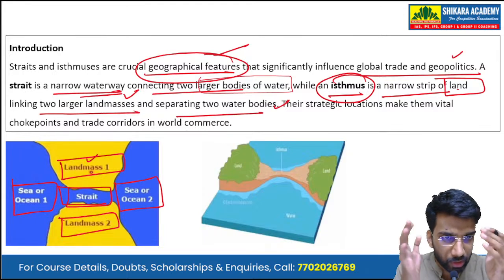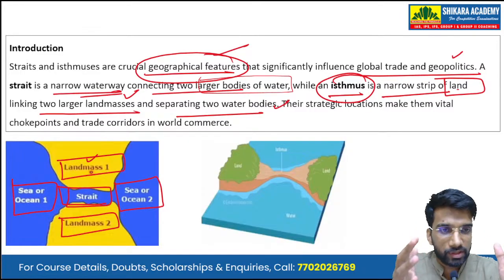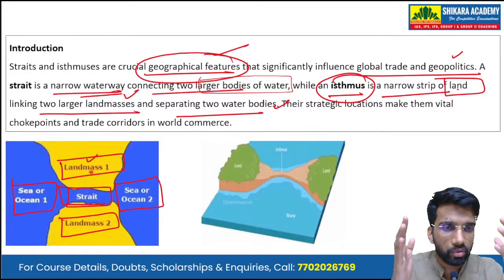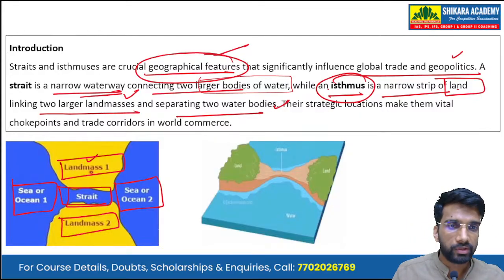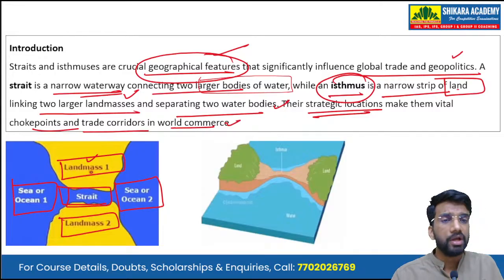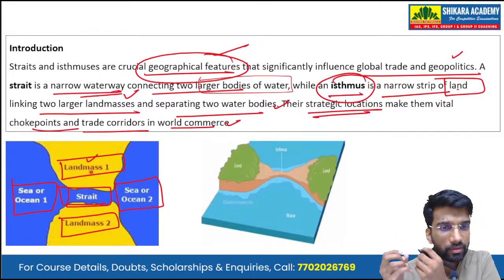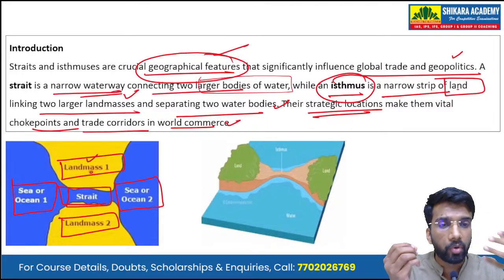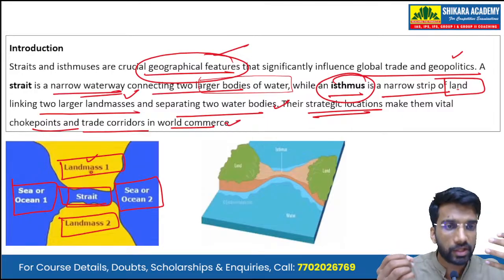Their strategic locations make them vital choke points and trade corridors in world commerce. Now we have connected the strait and isthmus with the body of the answer, in which we will be writing the significance.